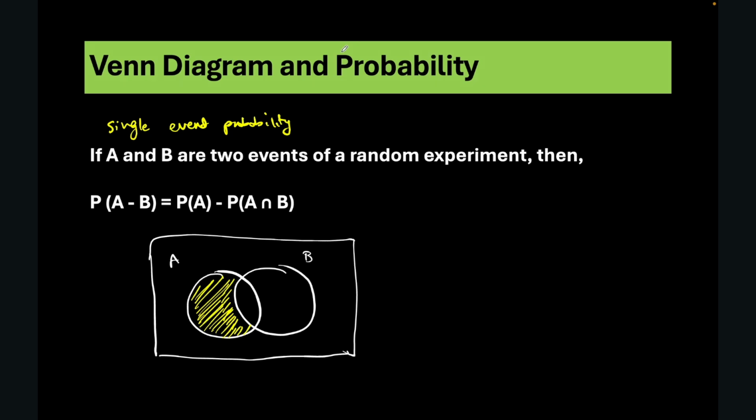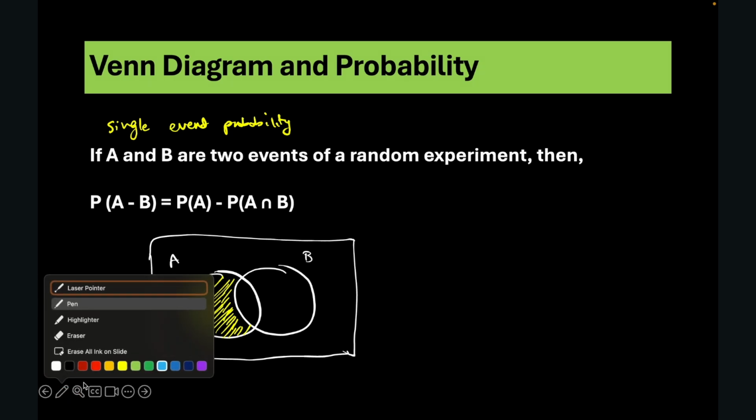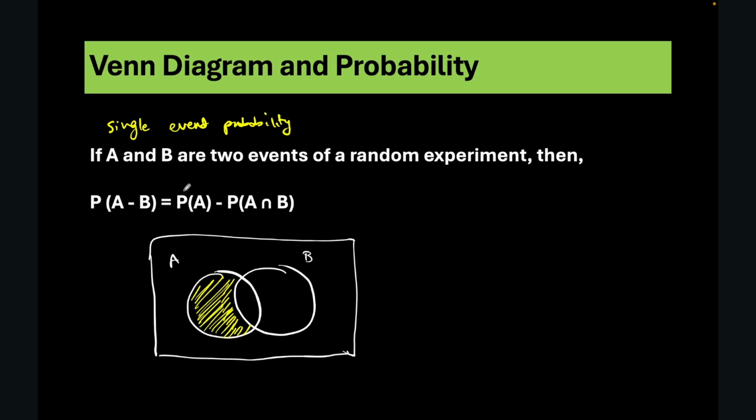So let's say you want to find the probability of just this shaded region in yellow. Naturally, let's assume that it's not a mutually exclusive event, and it's not an independent event. So in that situation, how can you do this? Well, you can start off by finding the probability of A.